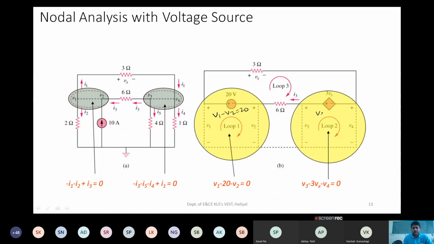I can write V3 minus V4 equal to 3Vx. But what is Vx? Vx is nothing but the voltage drop connected between node V1 and V4. So Vx is V1 minus V4, divided by 3. This is how you have to define it here.